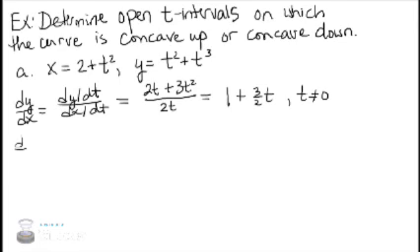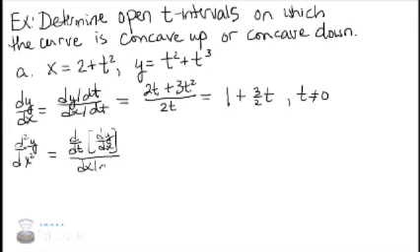Now remember to find our second derivative of y with respect to x, that's the same as finding the derivative with respect to the parameter of the first derivative, dy dx, over dx dt.